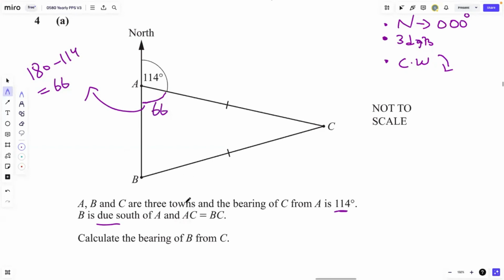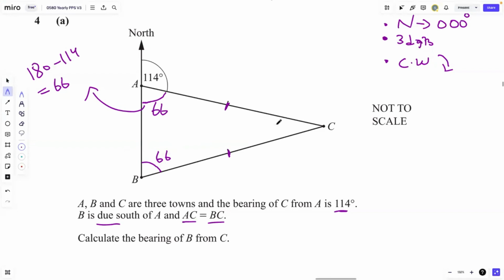And then AC is equal to BC. Since they are equal, it's an isosceles triangle ABC. So we'll have the base angles the same. This should also be 66 degrees. So we figured out two angles already.